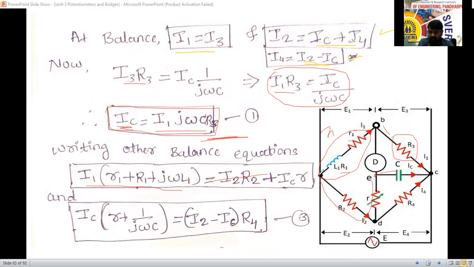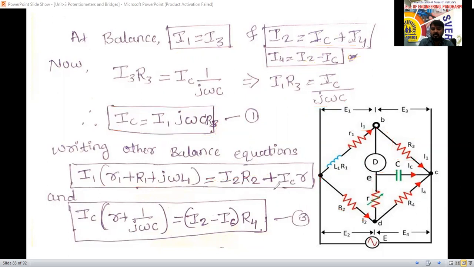Only A to E you have to consider. So I2 R2 plus IC R we can write. This one I will consider as equation number 2. Is equation number 2 clear?